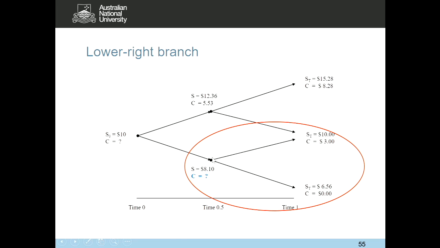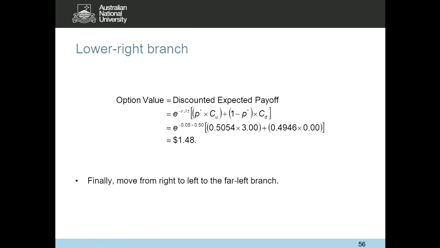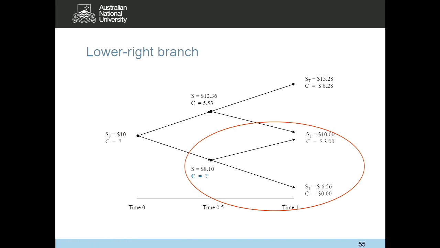Then because we're in the risk-neutral world, we can simply discount the expected payoff back 6 months by using the 5% risk-free rate. If you do that, the discounted payoff is simply $1.48. Then we write down $1.48 in this branch here. Right?